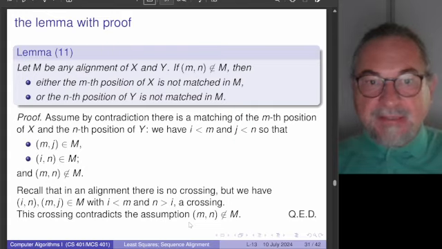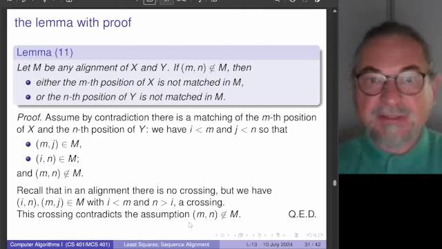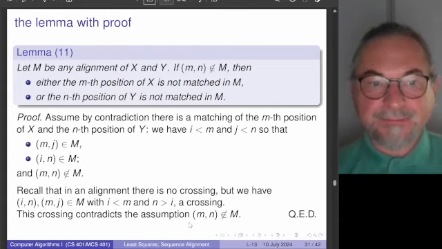If that is the case, then we have i less than m. i is some character that comes before the last character of the first word, and j is less than the last character.